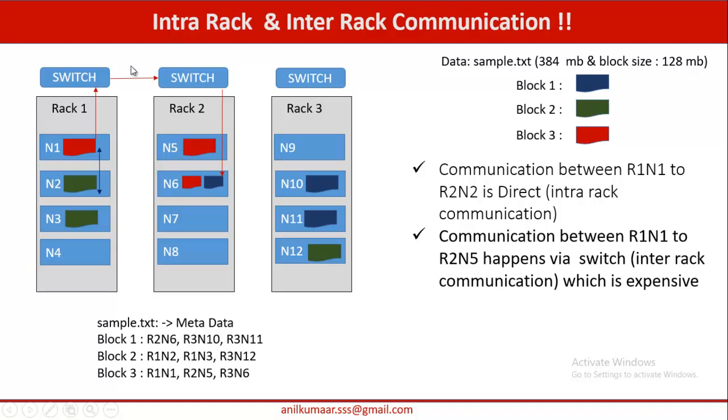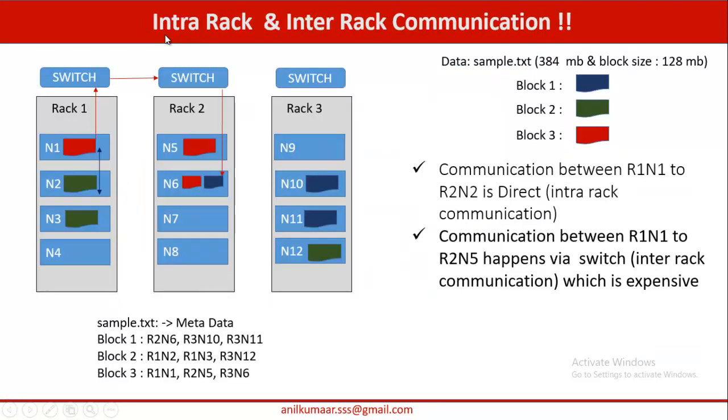So this principle is known as inter-rack. And if you want to read these blocks, this is block 3 and green is block 2 here. If you want to read block 2 and block 1 from this rack, both are existing on the same rack, so this is known as intra-rack communication.